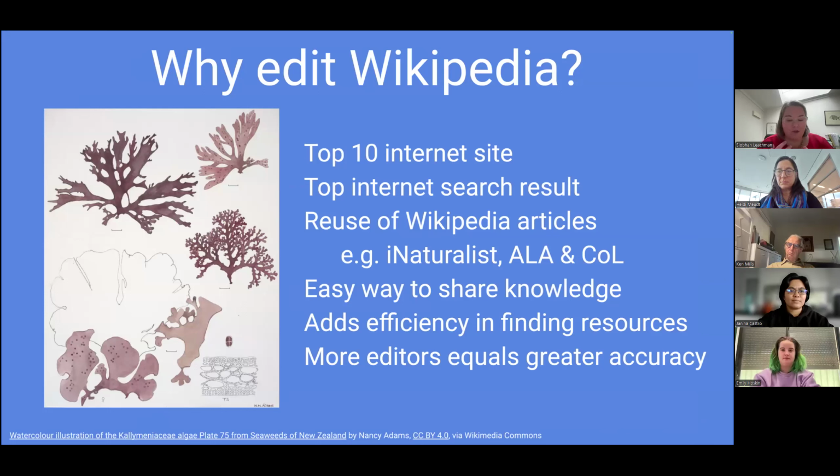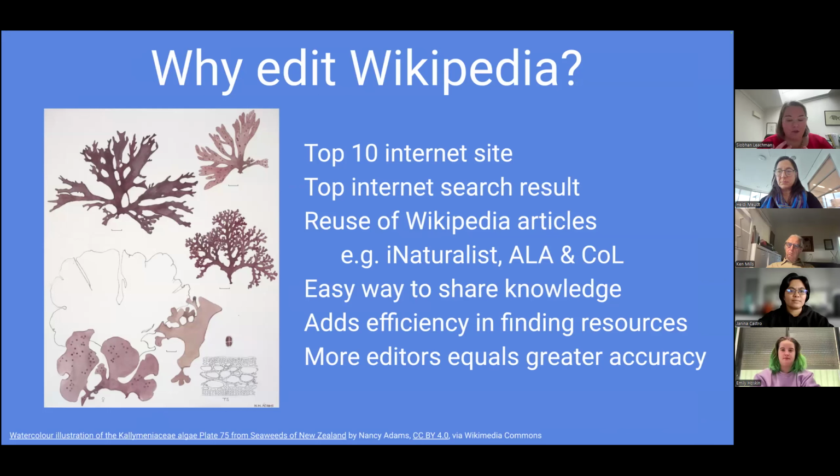So just a few examples include iNaturalist and the Atlas of Living Australia, which both use Wikipedia articles, and the Catalogue of Life has previously used Wikipedia articles as a data set to help resolve and aggregate species names. I'm also aware of scientists who use well-referenced species articles as a quick way to link through to scientific literature.